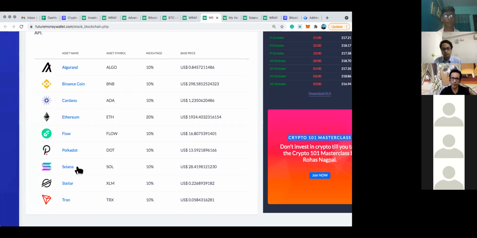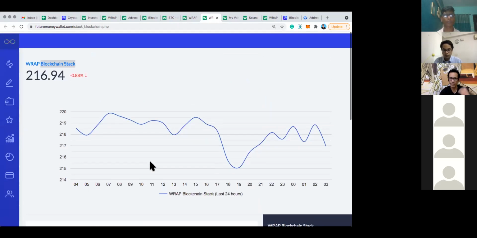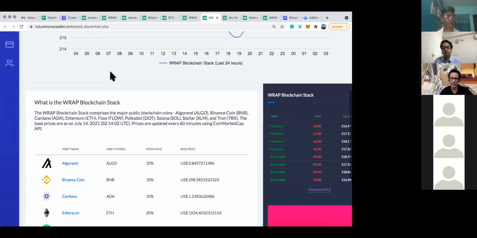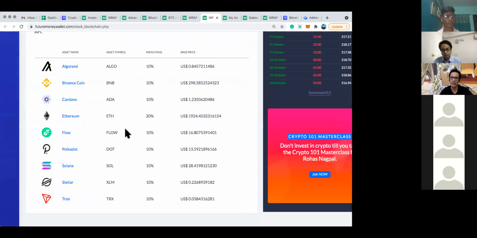All the public blockchains which I think have potential, I club them together, and I've realized when you do that, the returns are much higher. This particular stack started in June, I think, at 100, and a few months later, despite so many crashes in the market, it's at 216, which means your money is more than twice. That's the reason I believe in taking this kind of an approach.